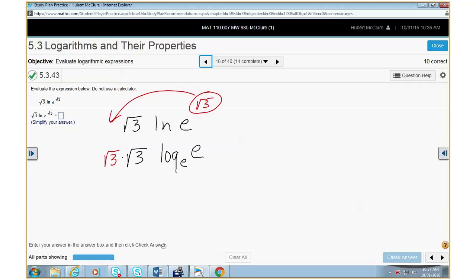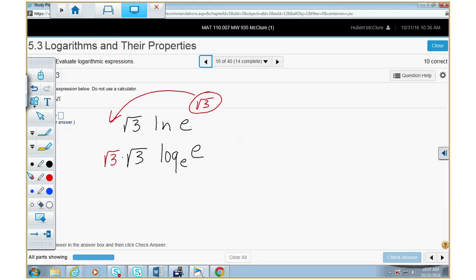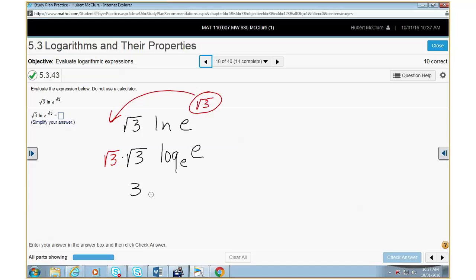Okay, now some of you might need a calculator, but the square root of 3 times the square root of 3 is what? 3. And what's log base e of e? Go back to your 3 little rules at the top of the block. What does it say when these two match?